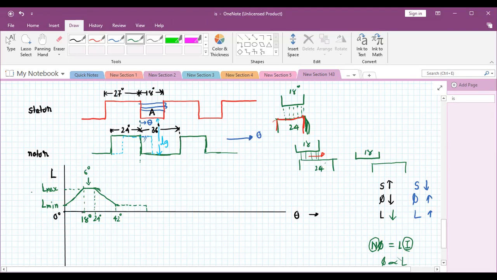See here, how much degree does it remain minimum? 42 plus 18. Are you getting, Derek, Akash? So this particular minimum reluctance, minimum inductance remains again for this duration, after the overlapping is gone, because it is 36.